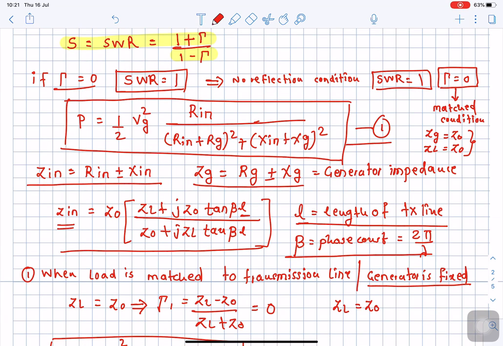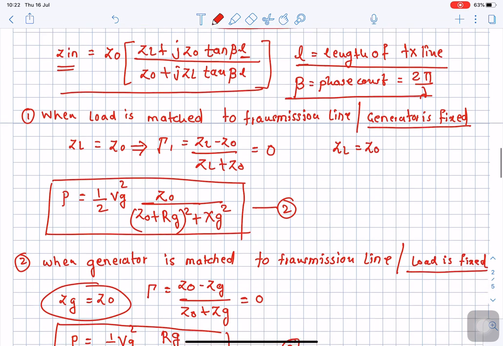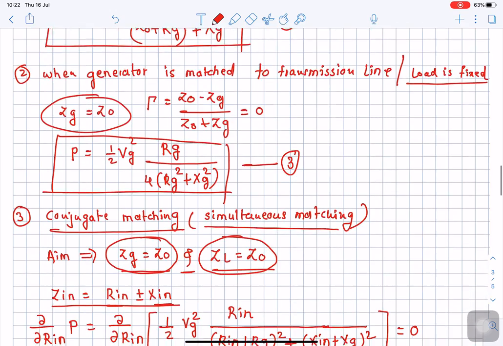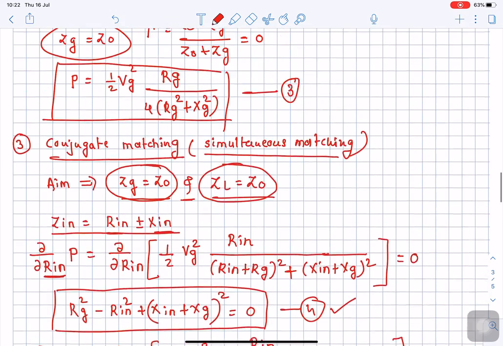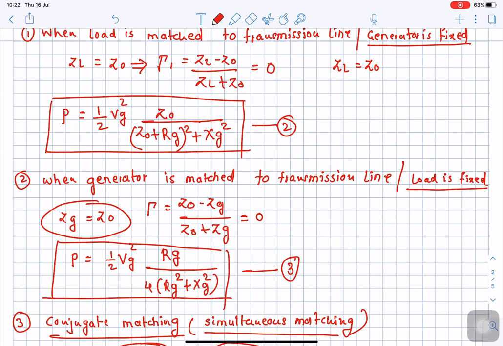Please remember, these are the different ways in which we are going to study impedance matching. The impedance mismatch may be happening at the load side, at the generator side, or in the third case on both sides, that is on the generator side and load side. Here we considered the basic purpose of designing the impedance matching circuit.